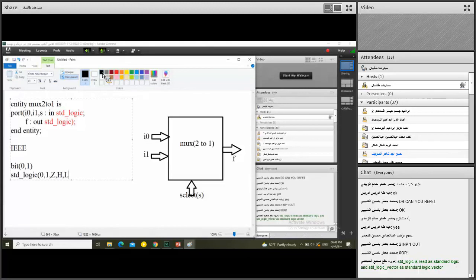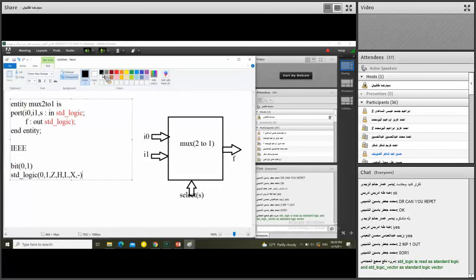Another thing, X means undefined number. Another thing, don't care. It means that we don't have a special value. You can see that we have many values here, and these are some main and famous values of standard logic.